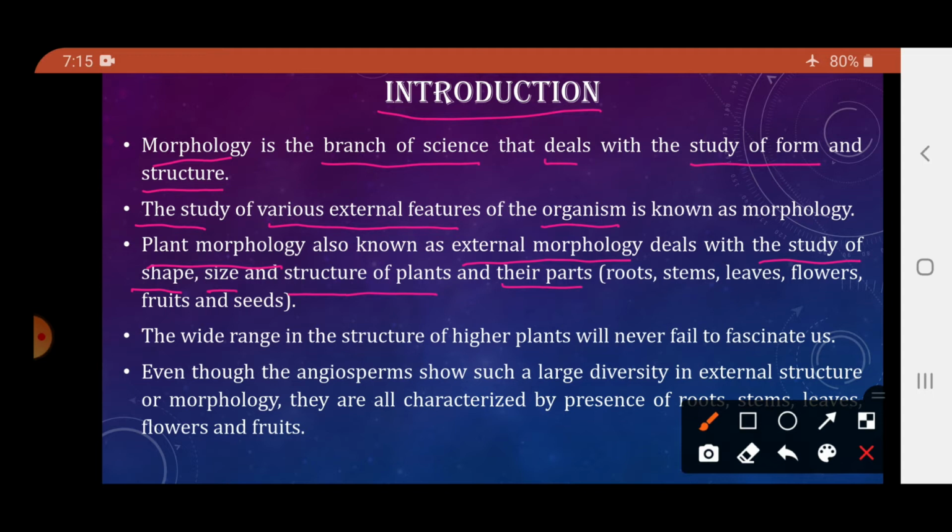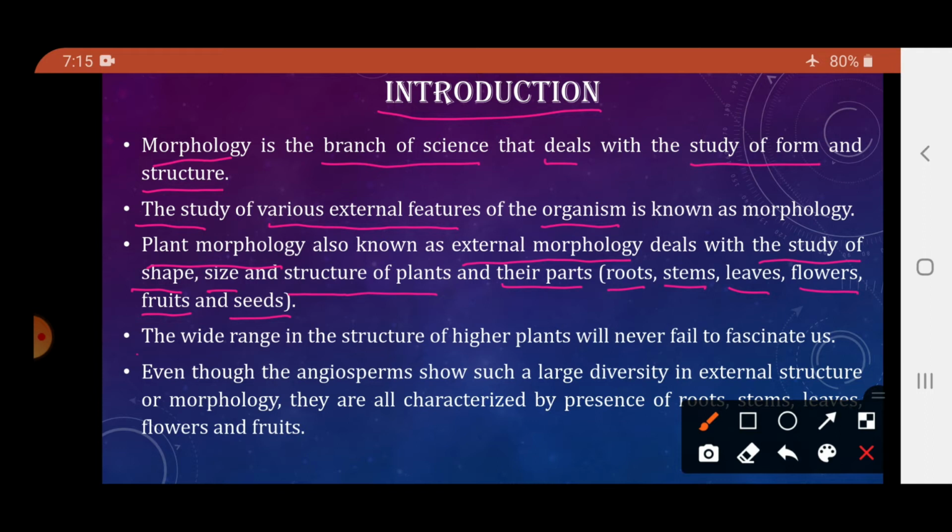Now which are the plant parts? The roots, the stem, the leaves, the flowers, the fruits and seeds. The study of the shape, size and structure of all these plant parts comes under the field called plant morphology.